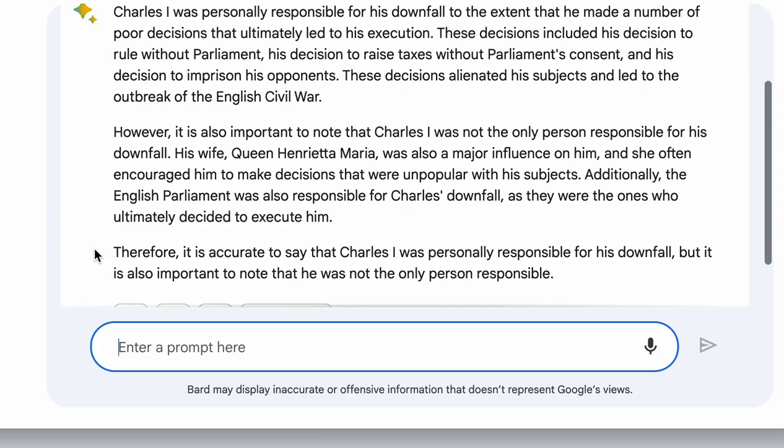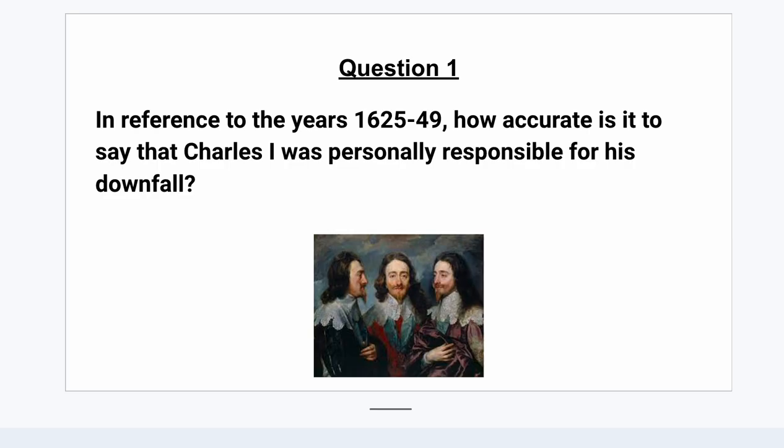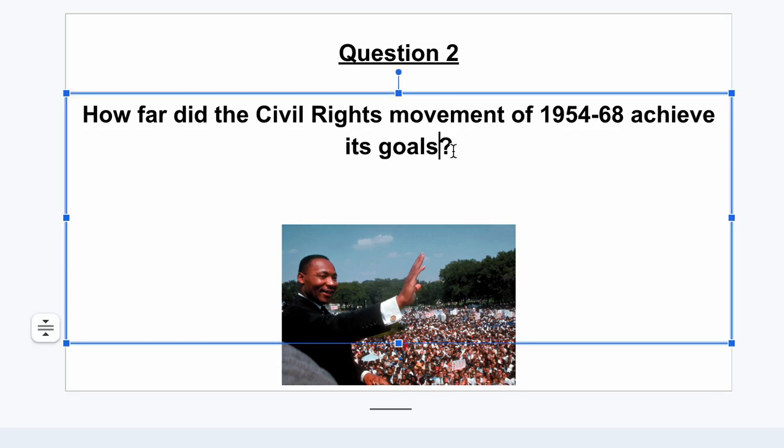It hints at some evidence: decision to rule without Parliament, decision to raise taxes without Parliament's consent, decision to imprison his opponents. But it's not really an essay, is it? It's not really a kind of essay response. I think in terms of that question, ChatGPT probably did better there than Google Bard. So let's see how it gets on with the next question.